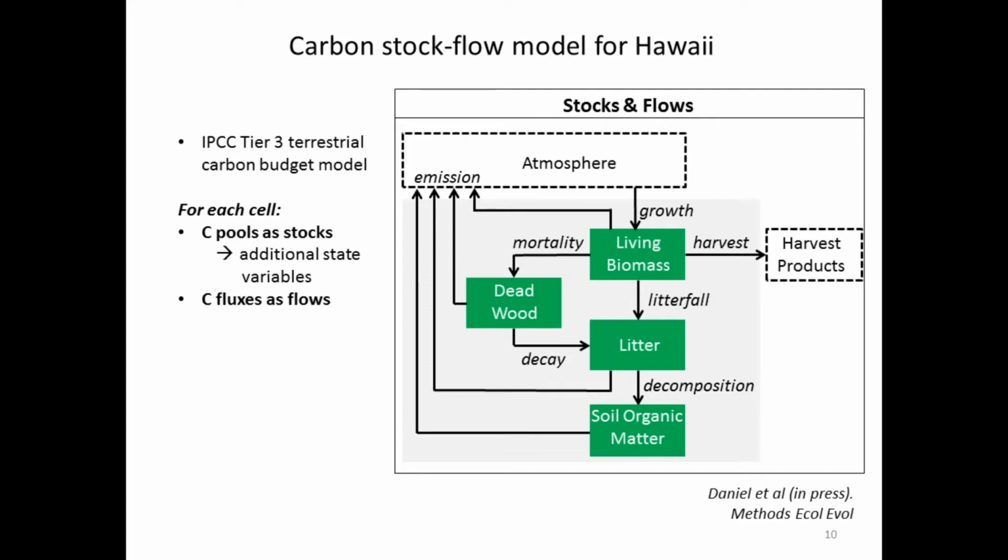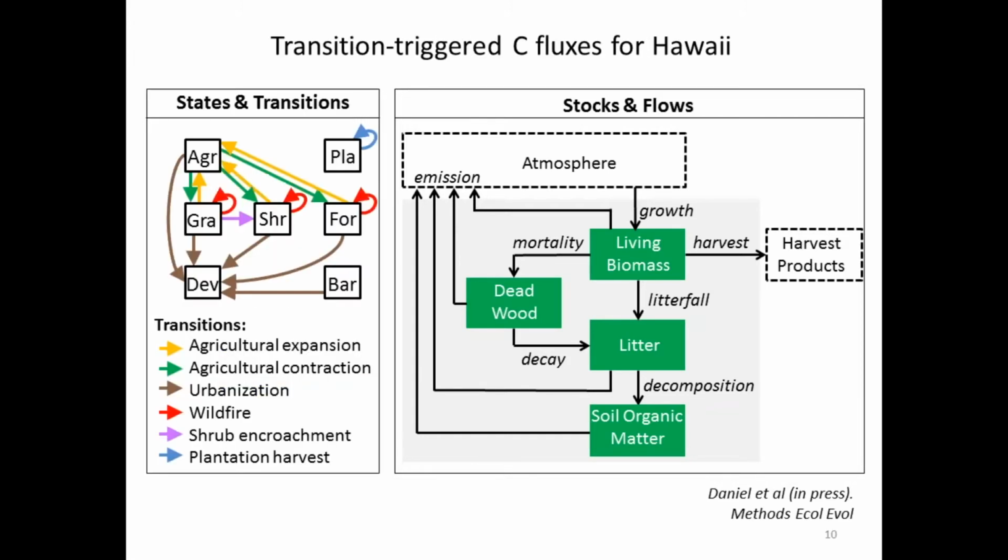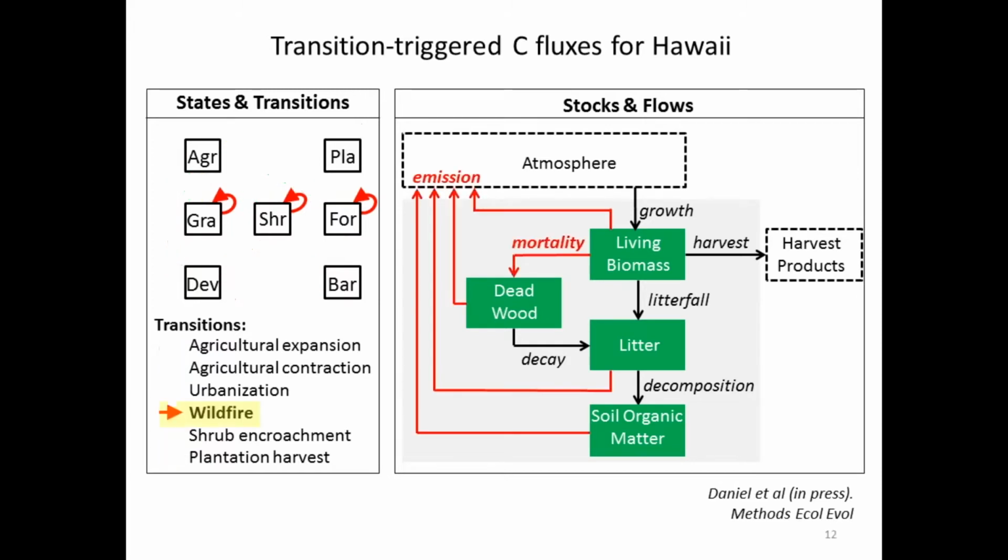So those are all the automatic flows that we talked about in the advanced course that happen every year, just as time unfolds. We also had some flows that were linked to transitions. So if we look at our state and transition pathway diagram, some of the flows could be triggered by fire in this example. So when a fire occurs, there's movement of carbon between pools. Other flows could occur in response to, say, urbanization.